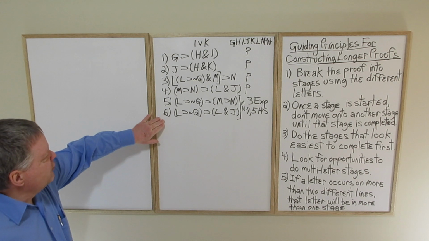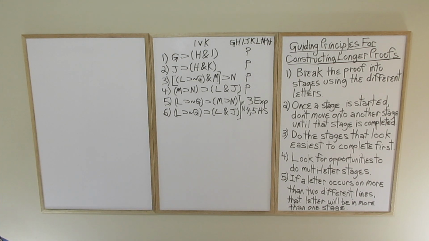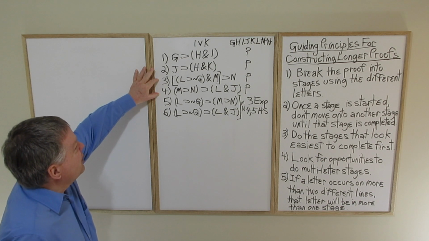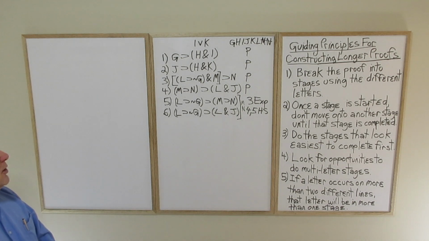If you look at our information in line 6, we've got now 2 occurrences of L-related information, we've got G-related information, and J-related information. The 2 occurrences of the L-related information came from lines 3 and 4. There is no L-related information in lines 1 and 2, so what we need to do then is simply get rid of the L-related information.